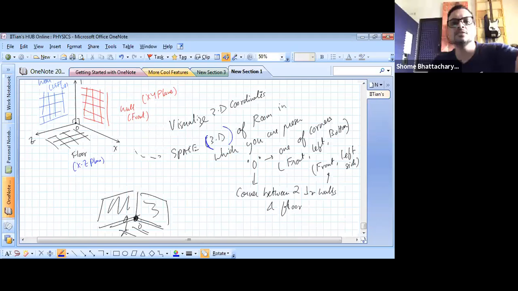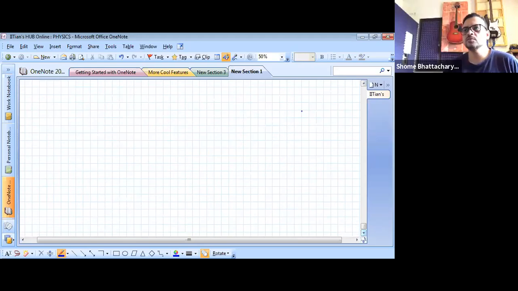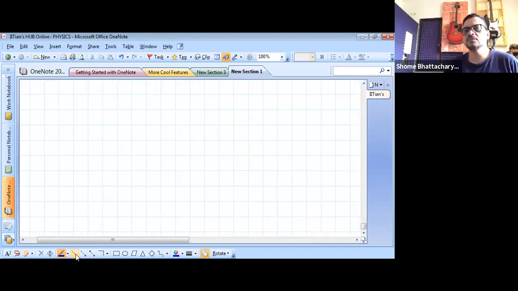Now, this takes some getting used to, so don't worry if initially it's a little tough to visualize. Now, I will give you another way to visualize three-dimensional space or three-dimensional coordinate system. Another method is very easy.